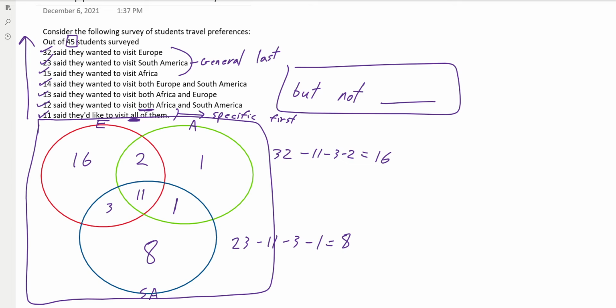The European circle is 32, plus everything outside of it, plus 8 plus 1 plus 1. That's 42. So 45 minus 42 means there are 3 students outside the box, or outside the Venn diagram.